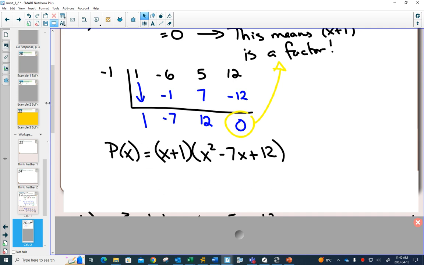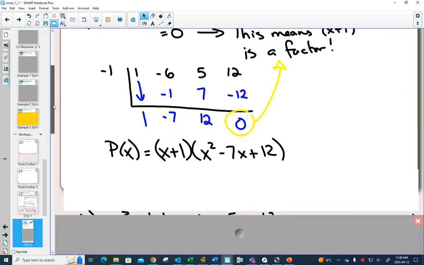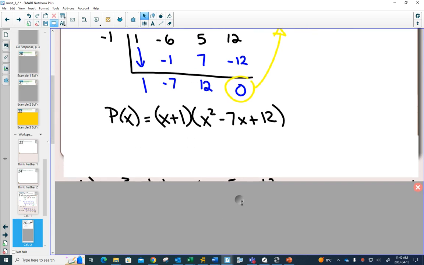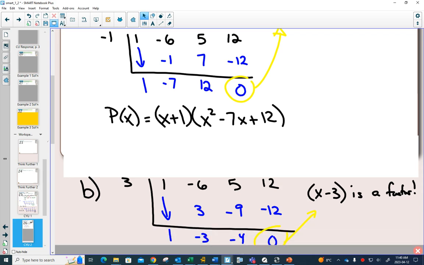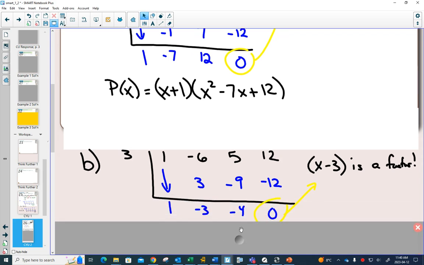Before we get to B, in B, we're now dividing by x minus 3. Since that's a bigger number, I would use synthetic division right away. And again, when you use synthetic division right away, our remainder is 0.